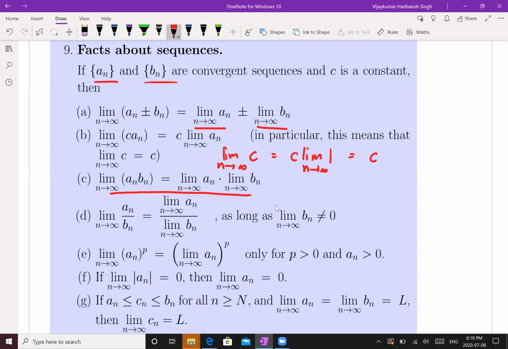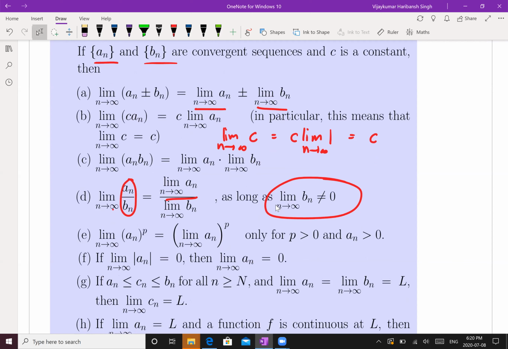For the quotient, it is different: limit of an divided by bn is limit of an divided by limit of bn, as long as the denominator does not go to 0. If it goes to 0, then we have to deal with it in a different way.